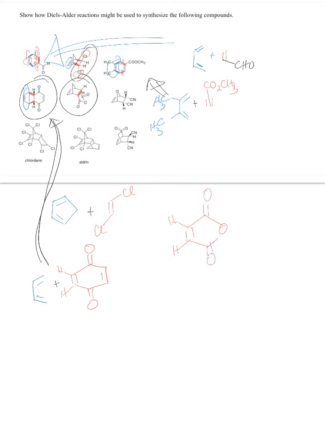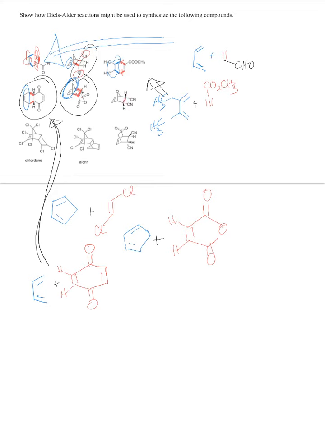So there's your electron withdrawing group. So there's your dienophile, and we deconstruct this. That came from these sigma bonds here. So your diene is cyclopentadiene. Can you see that?